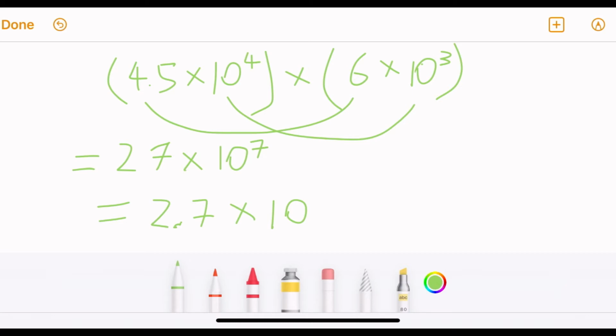Since we divided by an extra 10, in order to make up for this division, we're going to multiply by an extra 10. So that means we will cancel this out. Therefore, 10 to the power of 7 multiplied by 10 will be 10 to the power of 7 plus 1, so 10 to the power of 8. So 2.7 multiplied by 10 to the power of 8 will be our final answer. If we were to check this, do 2.7 multiplied by 10 to the power of 8, and let's see if they equal the previous two equations. And that's pretty much it with our standard form.